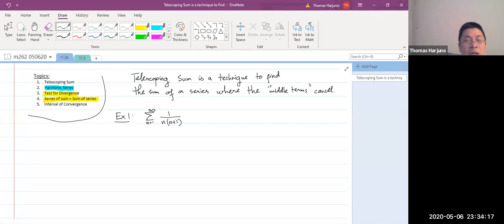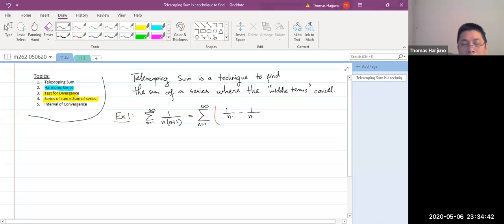Now, if we rewrite this sequence, we can use partial fraction decomposition, if you remember. This is actually 1 over n minus 1 over (n plus 1).